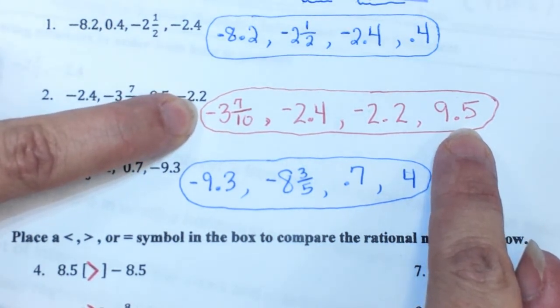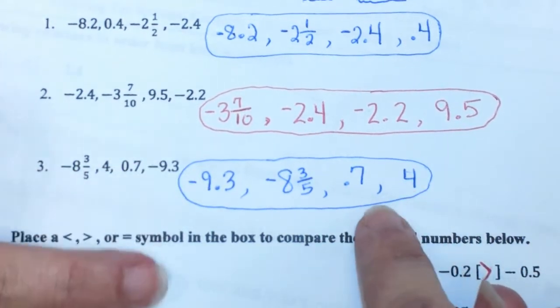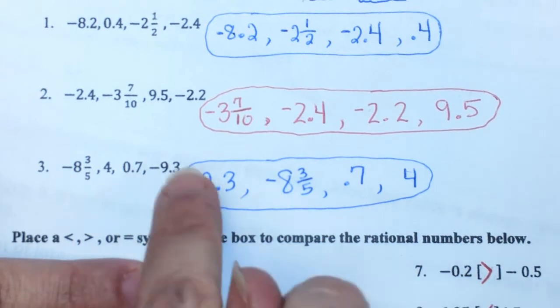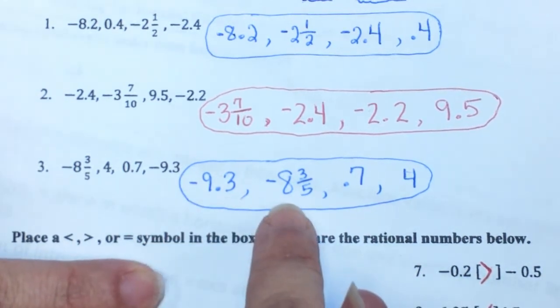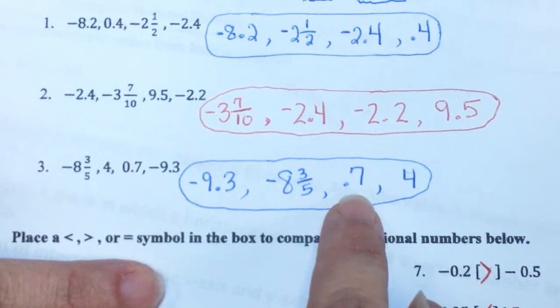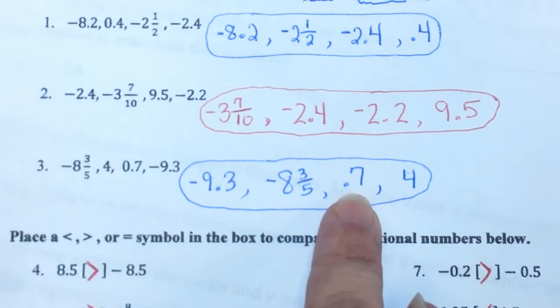This is kind of the beginnings to this. As your years go on, you'll be tested on some of these harder numbers. -9 is definitely further down the number line than -8. 0.7, you don't even have $1 yet. You only have 70 cents. Okay. Any questions on 1, 2, and 3?